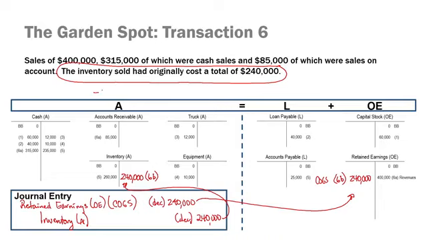Assets decreased by $240,000 because we sold inventory. We reduced the inventory balance. Owner's equity decreased by $240,000 because of the cost of goods sold expense that reduced the retained earnings T account. So again, both sides of the equation go down by $240,000. We remain in balance.